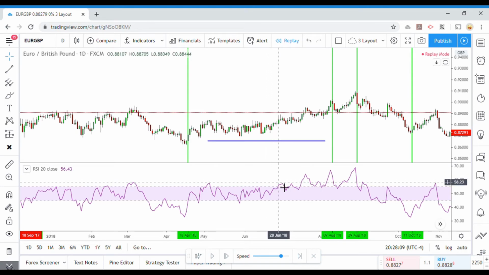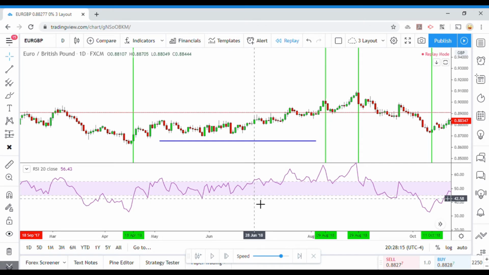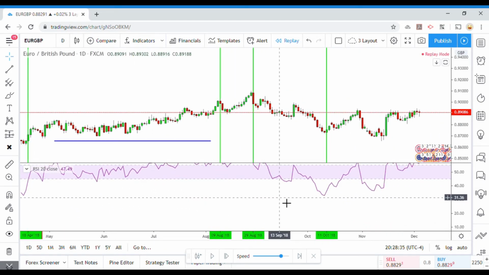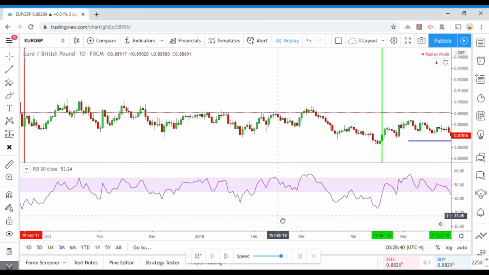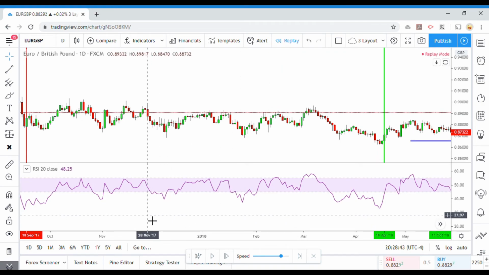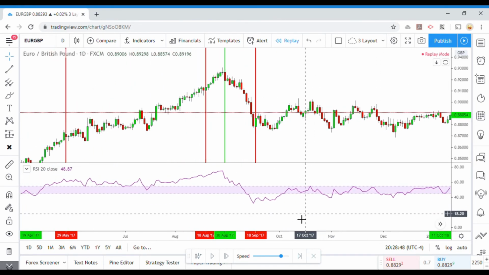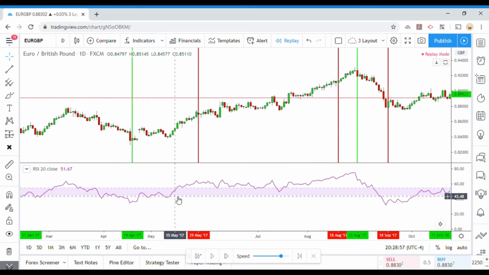But I am wondering if a rule could be: to go long, the RSI needs to be above, and to go short, the RSI needs to be below. See, by its very nature, the RSI is a strength indicator. It is reading the strength of what the currency pair is doing.